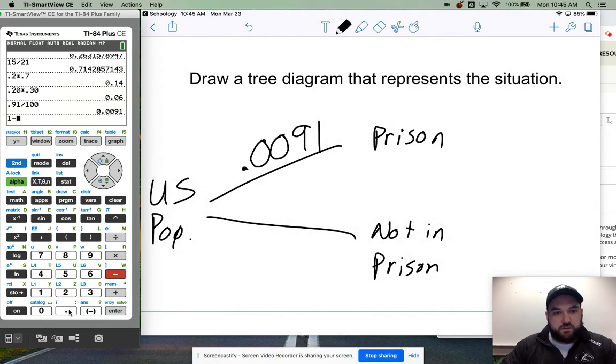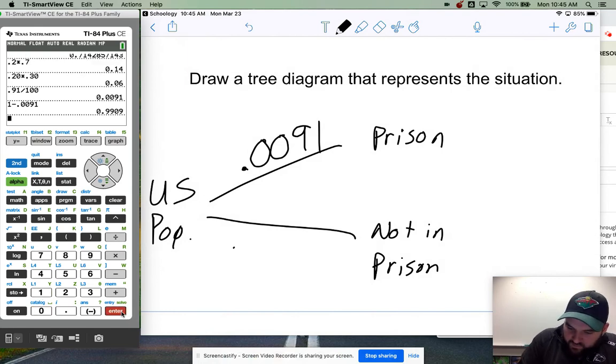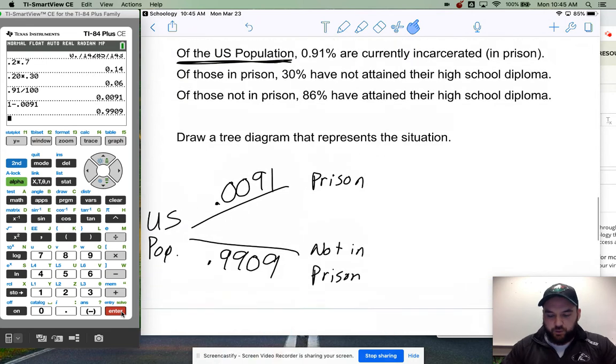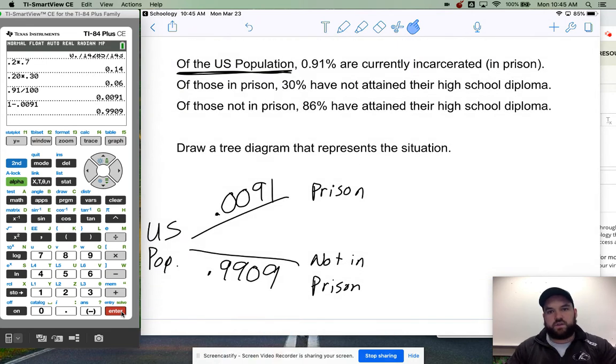So what I'm going to do is I'm going to take 1, which represents 100%, and subtract those that are in prison. And that gives me the decimal for those that are not in prison. So over 99% of people are not in prison, but then just under 1% of people are in prison. Okay, so that's my first split as far as this problem that I'm given.